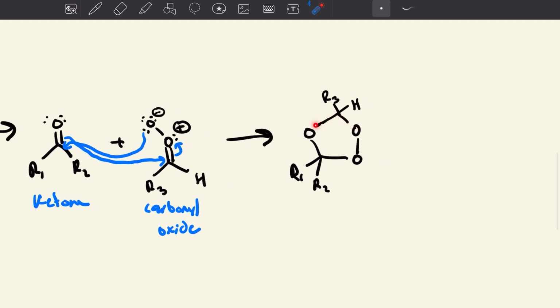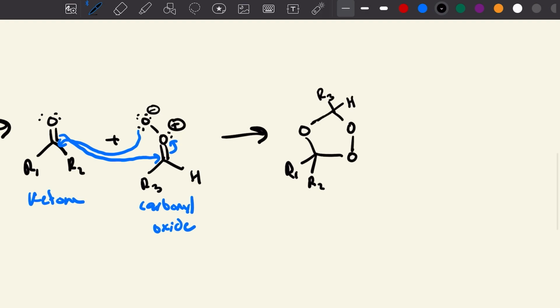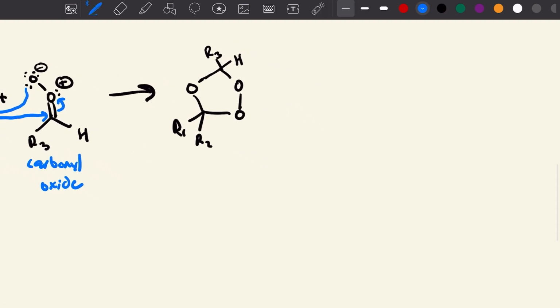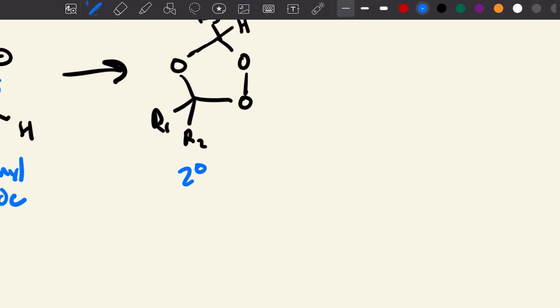You kind of form also this cyclo molecule, and this is actually called a secondary ozonide, and it's called this because this oxygen here is bonded to two carbon groups.